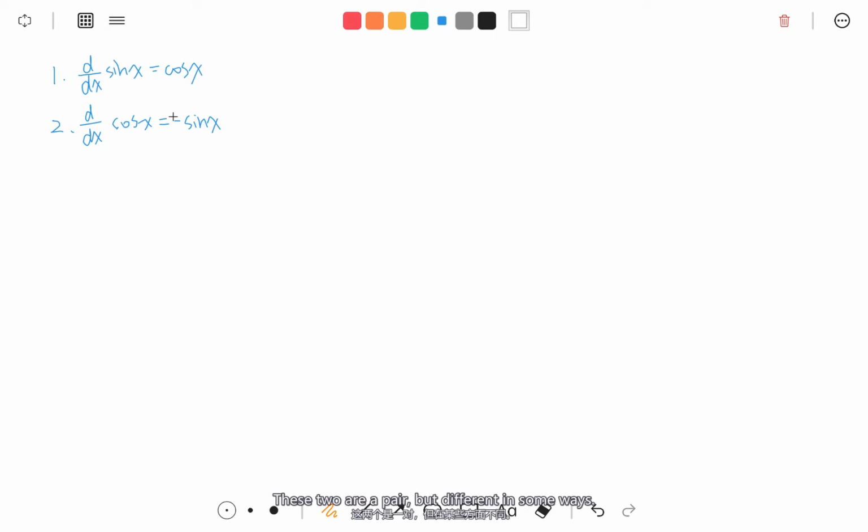These two are a pair, but different in some ways. The negative sign in the second one is easily forgotten, and I would like to introduce you to a method. Maybe it's helpful for you to remember this. Normally, we remember the trigonometric functions in the order of sine x, cosine x, and tangent x.